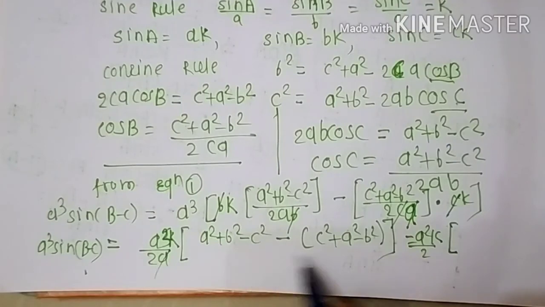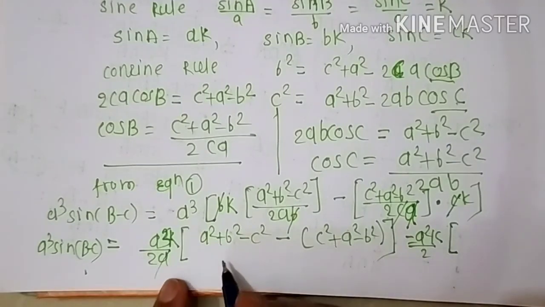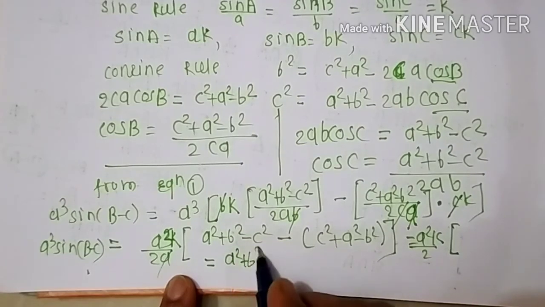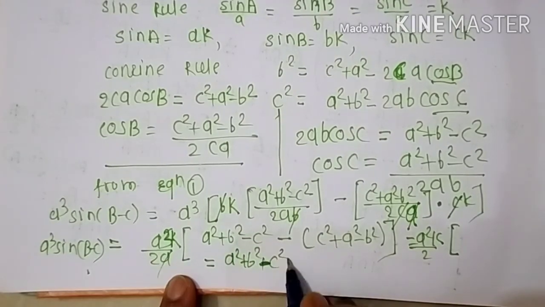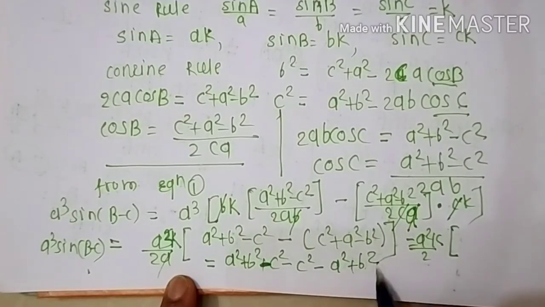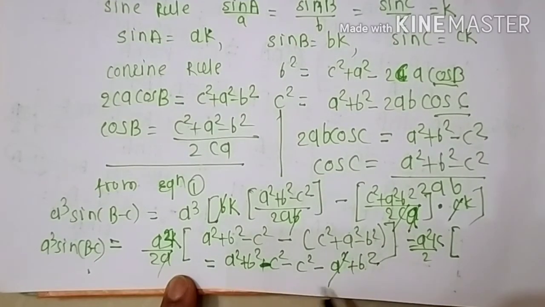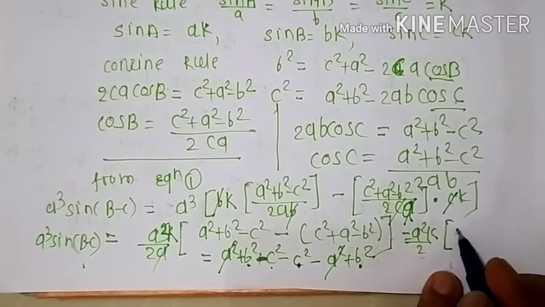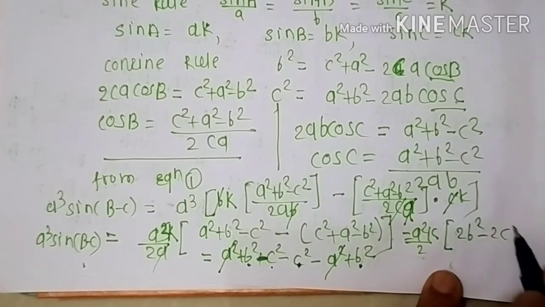Then take the addition and multiply this minus sign inside. If we multiply by the minus sign, then this becomes a² + b² − c² − c² − a² + b². Then cancel out the terms which get cancelled, this a² gets cancelled, what remains is plus b² means 2b², then minus c² minus c² is minus 2c². So the remainder is 2b² − 2c².